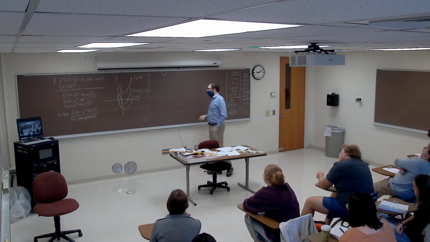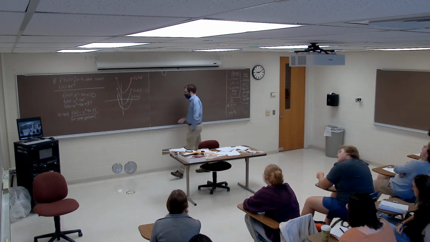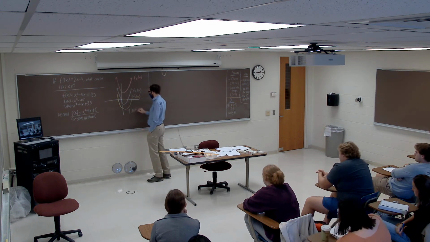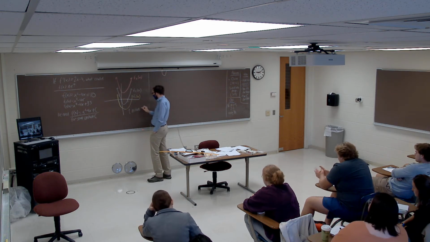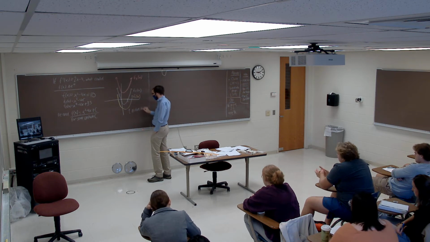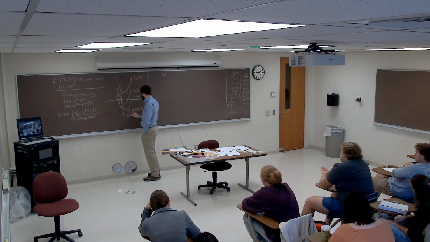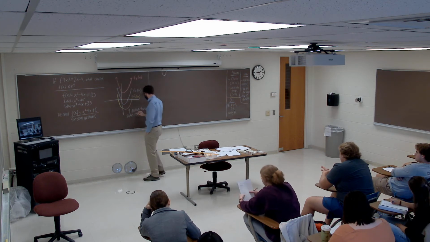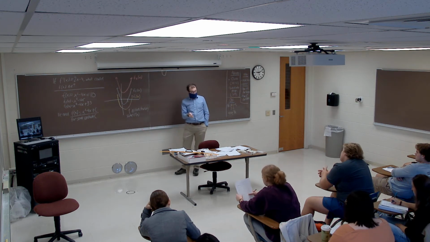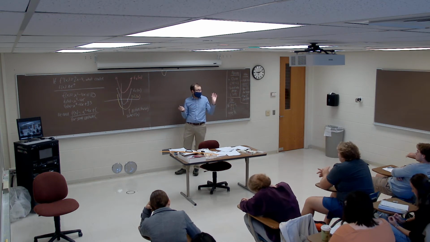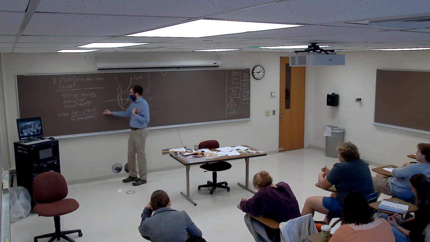So what's going to happen, in other words, is that all functions sharing the same derivative, as Riley pointed out, are going to look exactly the same as each other. They're just going to be shifted vertically up and down by whatever value your c is.